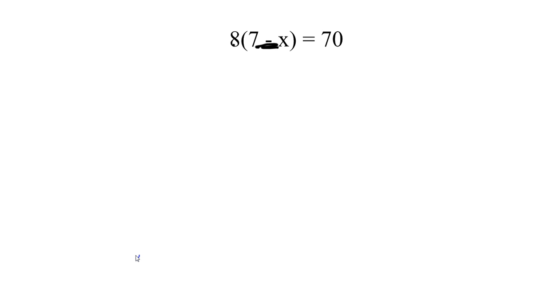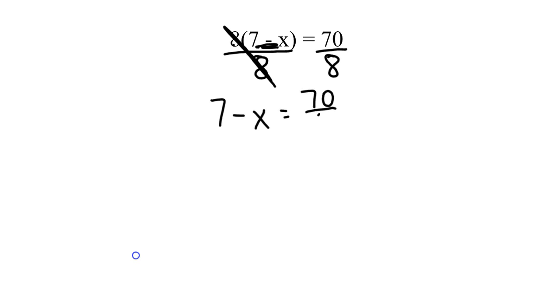I can divide this side by 8. That's going to cancel those out. Whatever I do to the left-hand side, I have to do to the right-hand side as well. So I have 7 minus x is equal to 70 over 8. So we're jumping into the fractions right away. Not a bad thing, but it does make the problem a little bit more complicated.